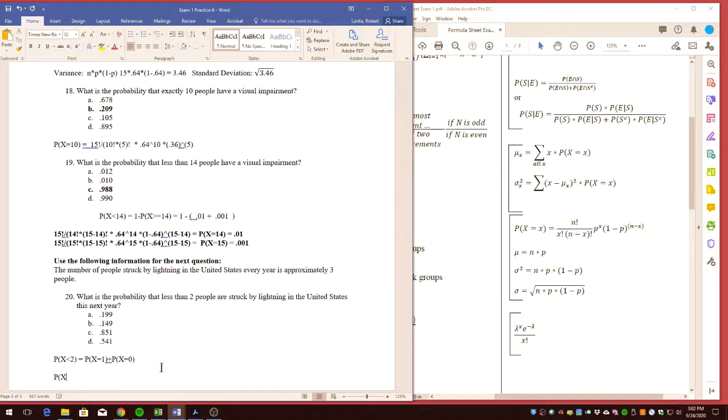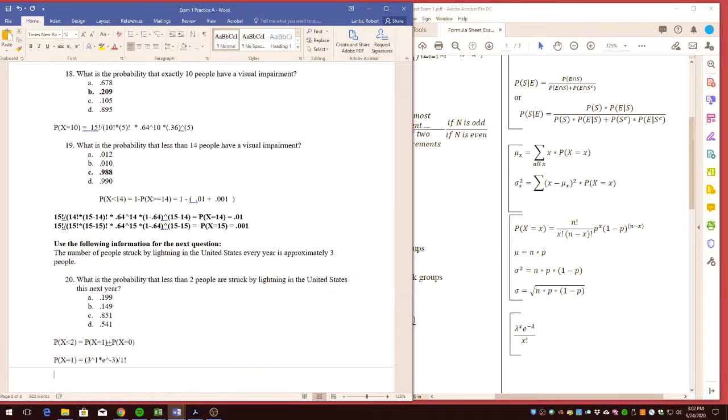So the probability that x is equal to 1 will be lambda to the x. My lambda here, I was told, is 3. So 3 to the x, and here I'm looking at x equal to 1, times e to the negative lambda, so e to the negative 3. I'll then divide that by x factorial, so 1 factorial.